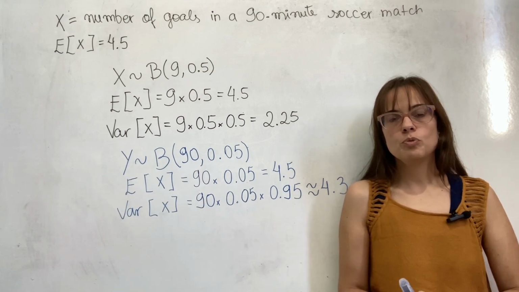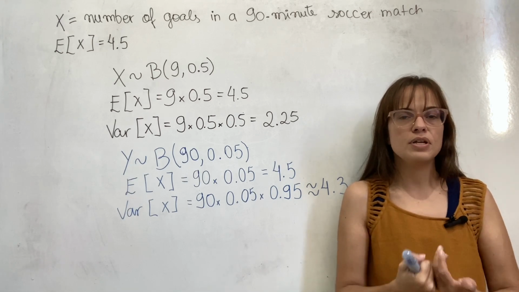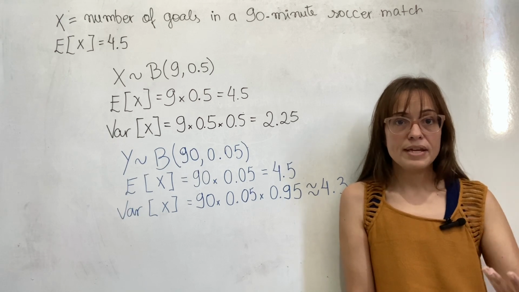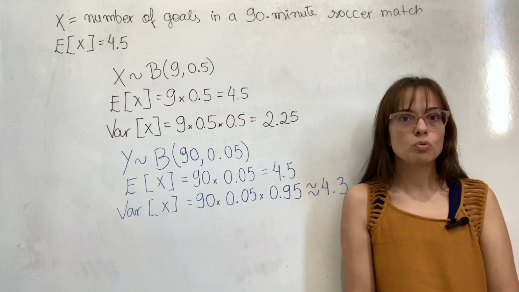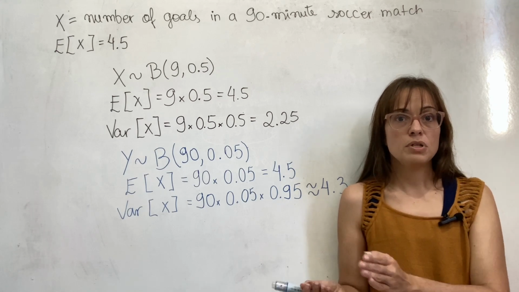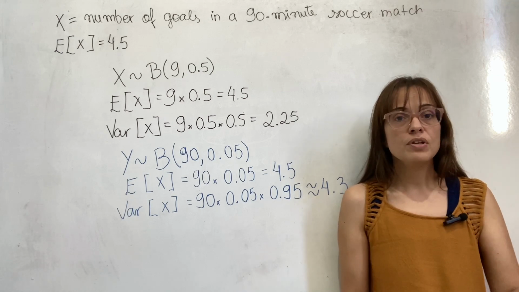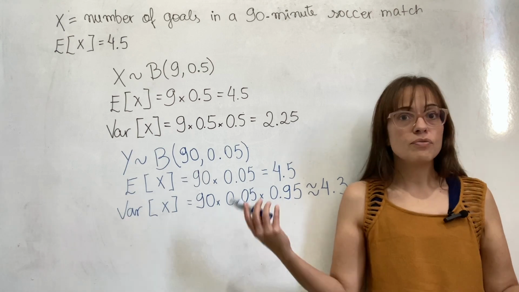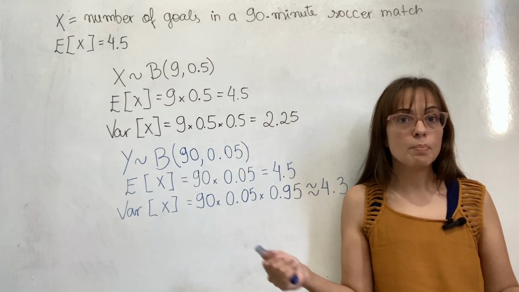Like in a soccer match, we have approximately a goal happening every 20 minutes. One goal per 20 minutes is a rate at which this event is occurring, right? Of course, it's not going to be exactly on the dot, a goal every 20 minutes, but on average, if it takes 20 minutes for there to be a goal, then on average the matches are going to have 4.5 goals.